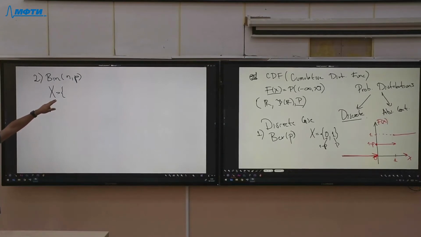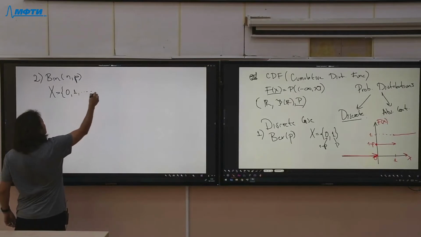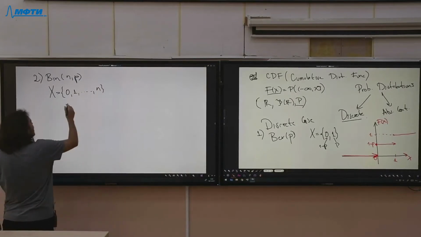How many options? n options, right? 0, 1, n. Okay, actually from 1, sorry, from 1.